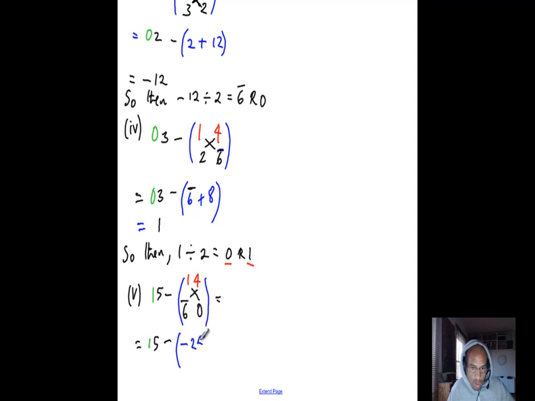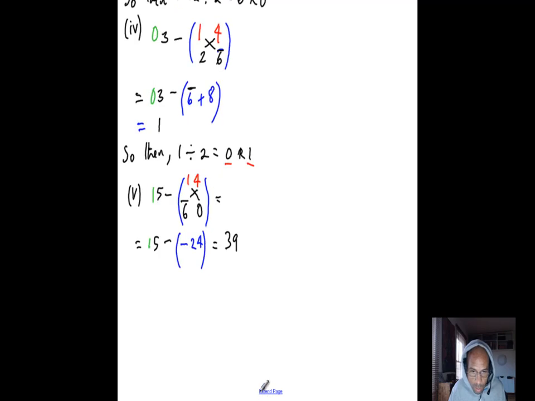Minus 24 in here. And that's equal to 15 add 24, which is 39 rather. Don't know where we got the 49 from. Let's turn the page a little bit. So then 39 divided by 2 equals 19, and you've got 1 left over.